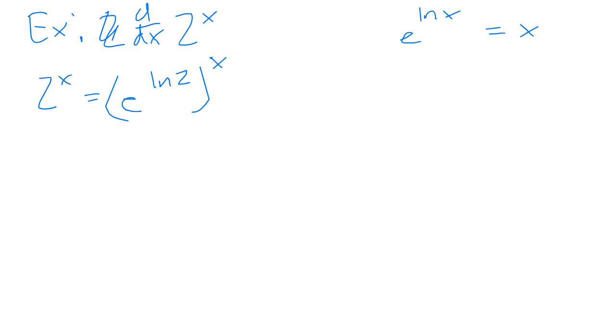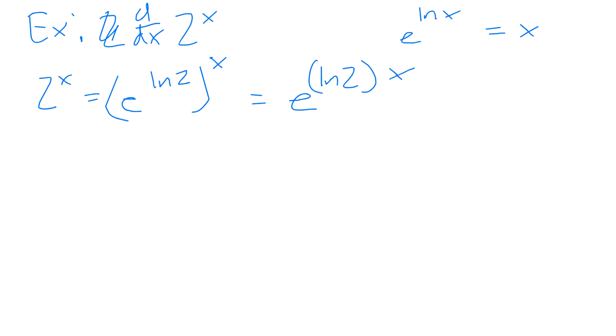Now we can keep playing with this a little bit more. We can transform this and say that we have e to the natural log of 2, and then bring that x down.